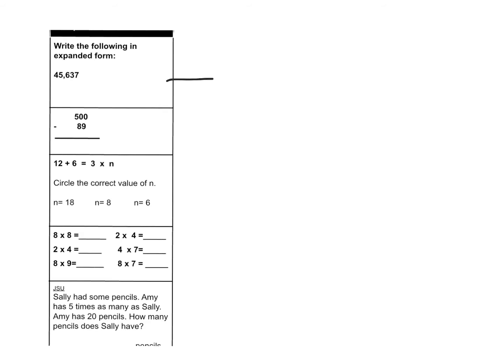Okay, kiddos, we have this question we are going to write in expanded form. So I have 45,637. And if I write this in expanded form, I look at the value of this 4, and it's in the 10,000 spot.